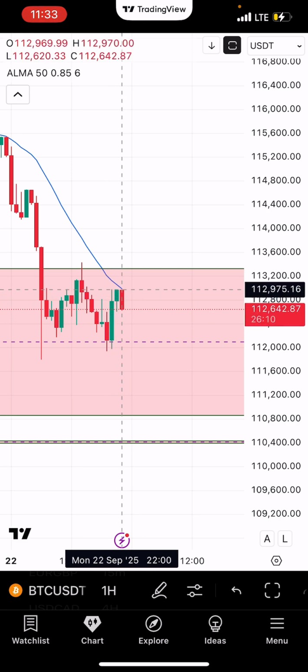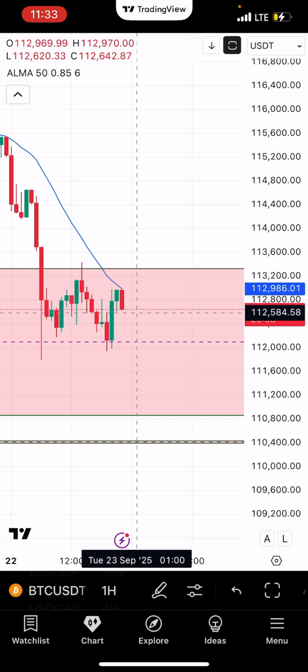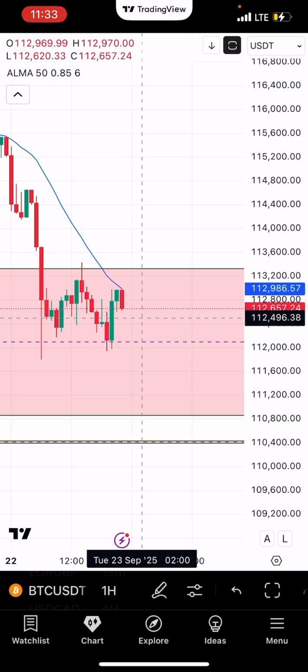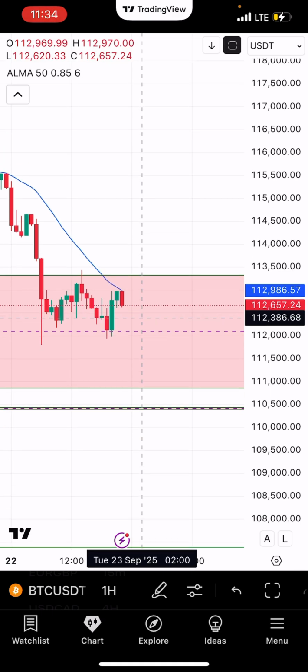We should be expecting this red candlestick to drop to somewhere here, 112,500 or so. Then we can make our entry. Depending on your capital, I can take an entry from the 1 hour time frame, or I can go down to 15 minutes.